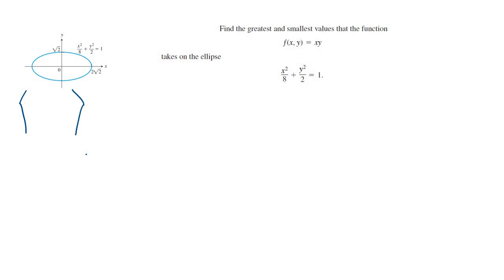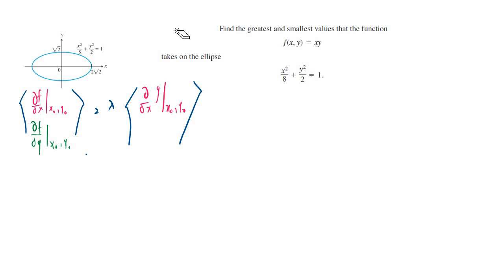We write the partial derivative of f with respect to x at x0, y0 in pink, and the partial derivative of f with respect to y at x0, y0 in green, equal to lambda times the partial derivative of g with respect to x at x0, y0 and the partial derivative of g with respect to y at x0, y0. Now let's combine the equations.